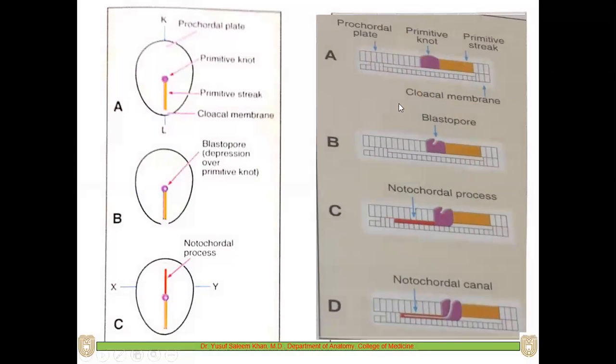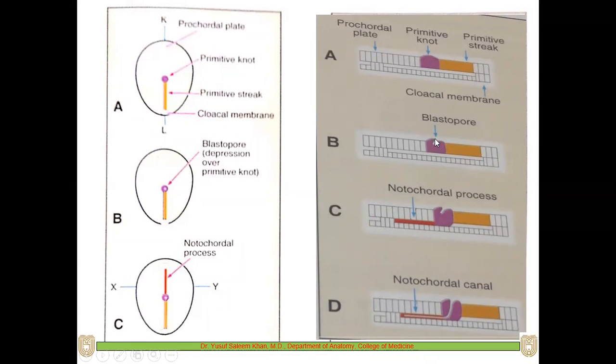If you see here, to better appreciate, these are the epiblastic cells, these are the hypoblastic cells. At the procaudal plate, the epiblast and the hypoblast are totally adherent. This is the mesoderm now. This is the ectoderm, endoderm, and this is the mesoderm. Here is the primitive streak. At the upper end of the primitive streak, this is called the primitive knot.